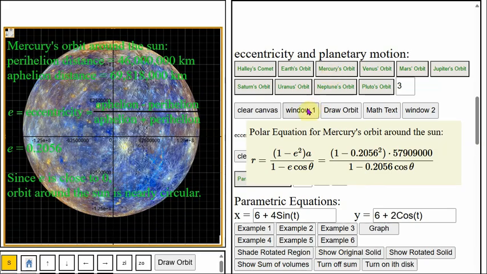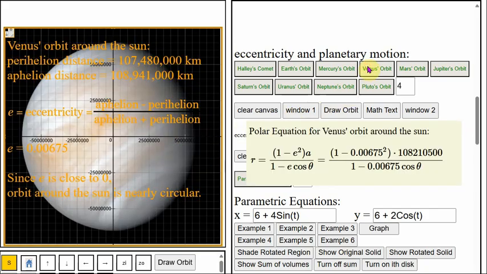And then here's Mercury. Mercury's eccentricity is 0.2056. And then Venus, its eccentricity is 0.00675, which is very close to zero, and therefore the orbit we can see is very circular.